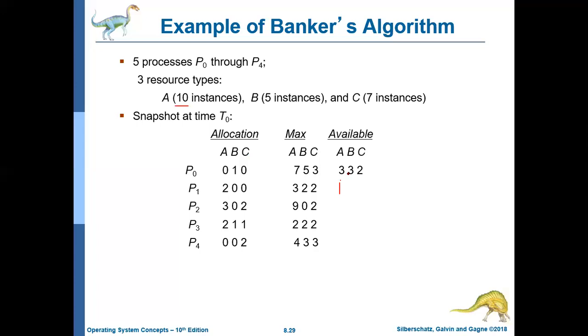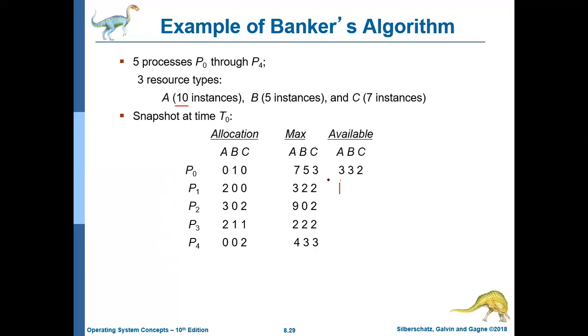Now what is the current need of these processes? Current need means what is the actual numbers of the resources these processes still requires. That is the max minus allocation. But you cannot subtract these values like 753 minus 10.